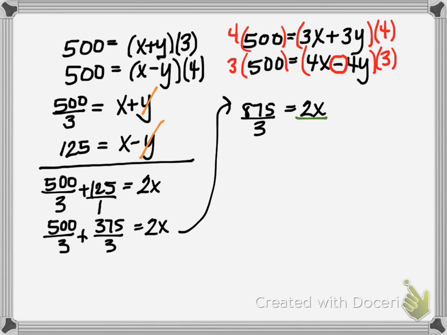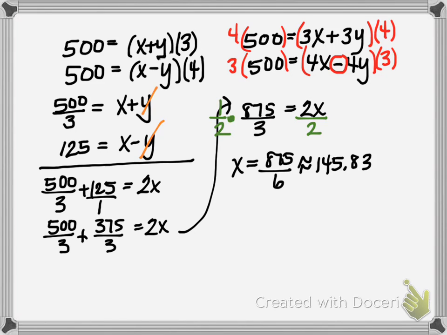But remember, dividing by 2 is really the same thing as multiplying by 1/2. So if we're leaving our answer right now in exact form, we'd have x is equal to 875 divided by 6. And then since this is our final answer, we can go ahead and go to our calculator to get an approximate value, since that doesn't divide unevenly, which would be 145.83.